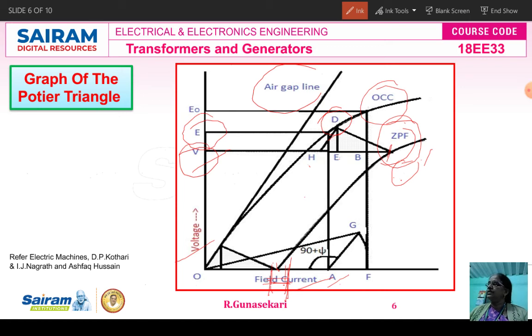The field excitation required to get E is dA. And then O dash E gives the field current required to balance the demagnetizing effect of the armature reaction. Adding O dash E vectorially to OF, we get the excitation for obtaining E naught, whose value can be known from the open circuit characteristics.